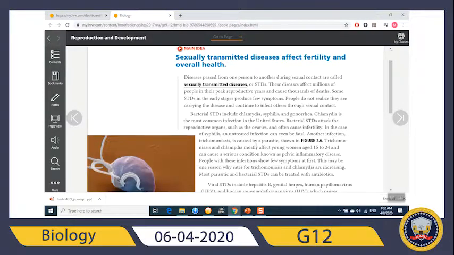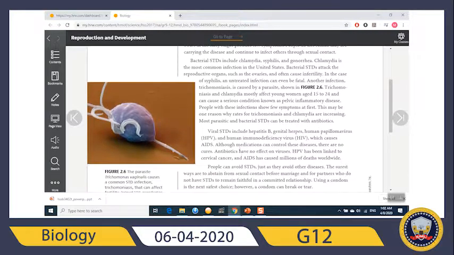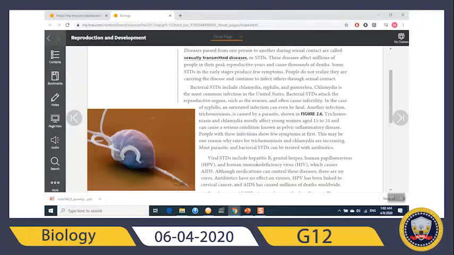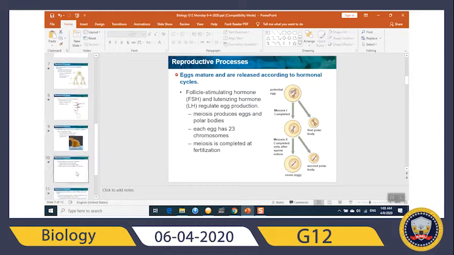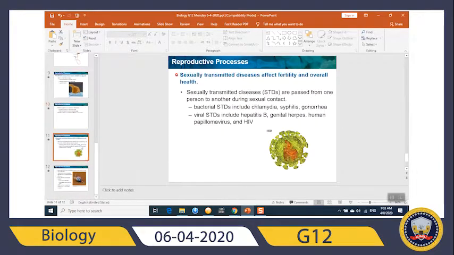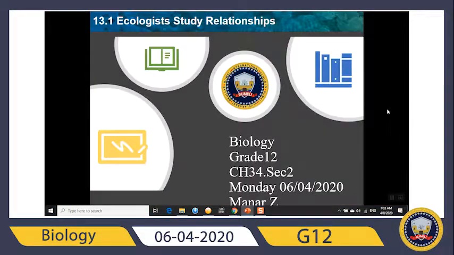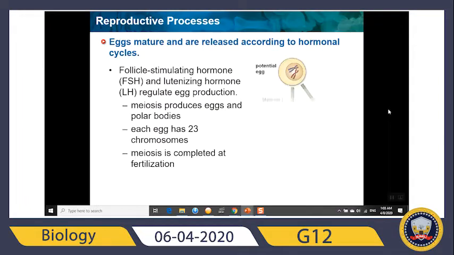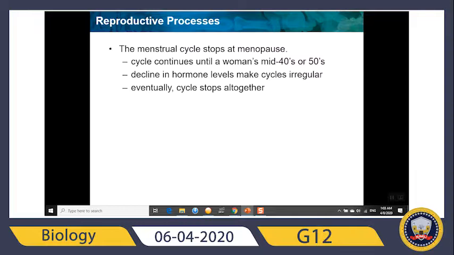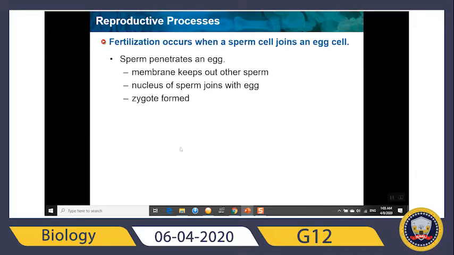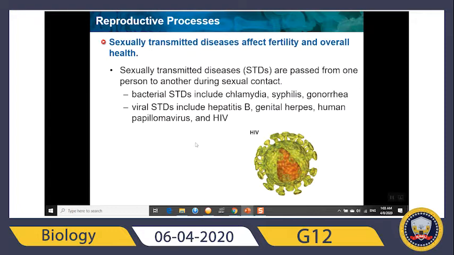Now, we have many types of STDs. We have bacterial STDs, like gonorrhea and syphilis, and we have viral STDs, like HIV.